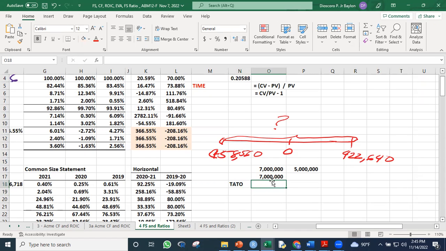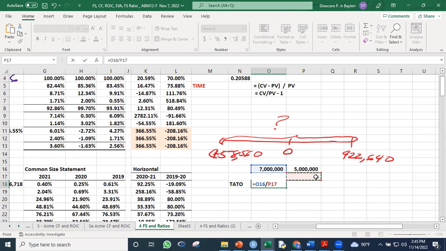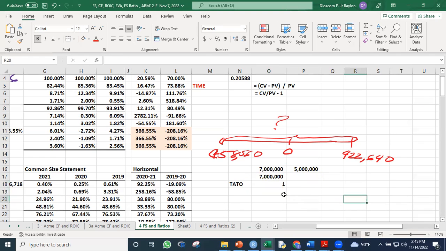Let's say this is already the average for 2021 and 2020. Then you have a TATO equal to 1. So you have sales of 7 million, and your average asset base is 7 million also, and your TATO is 1.